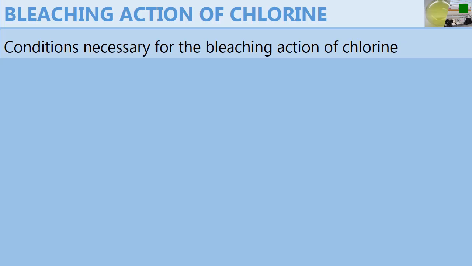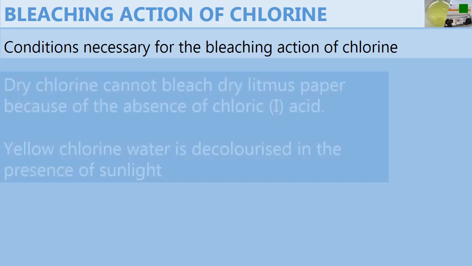Moist blue litmus paper is decolorized because the chloric 1 acid formed when chlorine dissolves in water is a very unstable compound and readily gives up its oxygen, especially when exposed to sunlight. In the process, the green-yellow solution is decolorized.